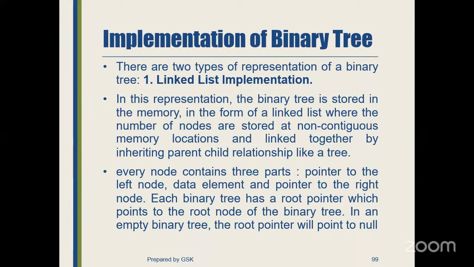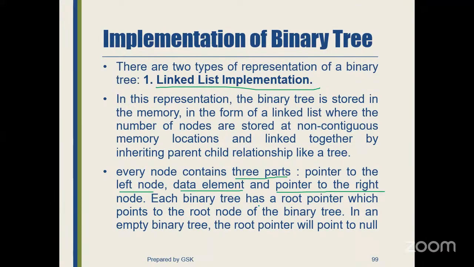In the linked list representation of a binary tree, every node contains three parts: pointer to the left node, data element in the middle, and pointer to the right node on the right.